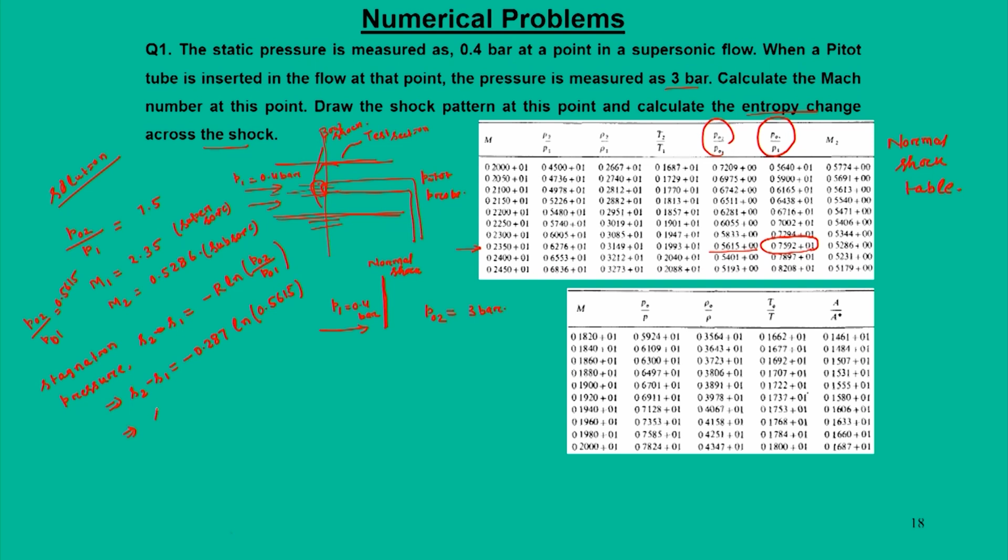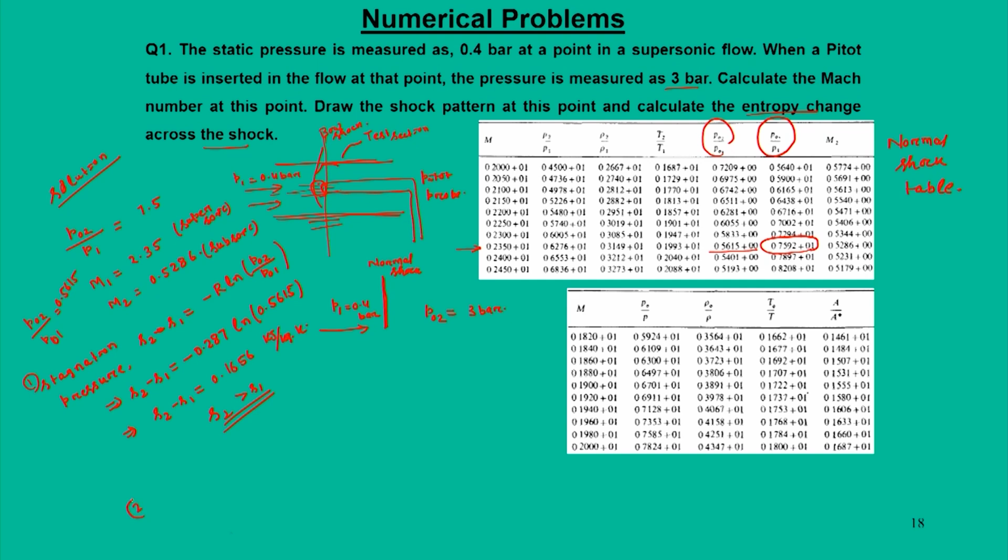So, S2 minus S1 is equal to 0.1656 kilojoule per kg Kelvin, which means your S2 is greater than S1. Okay. So, this is the first method through which we can calculate the entropy change, through information of stagnation pressure.